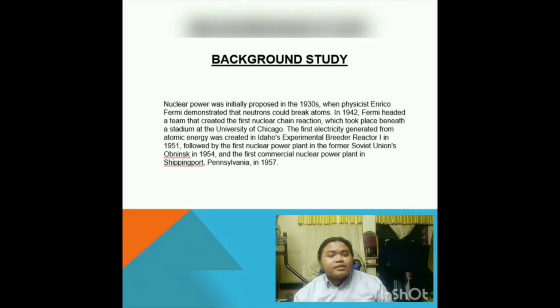The first electricity generated from atomic energy was created at the Idaho Experimental Breeder Reactor in 1951, followed by the first nuclear power plant in the former Soviet Union, Obninsk, in 1954, and the first commercial nuclear power plant in Shippingport, Pennsylvania in 1957.